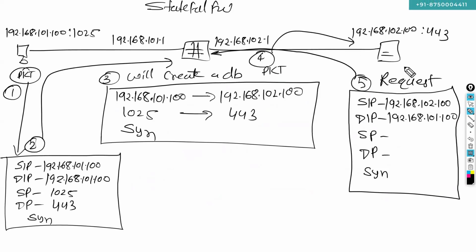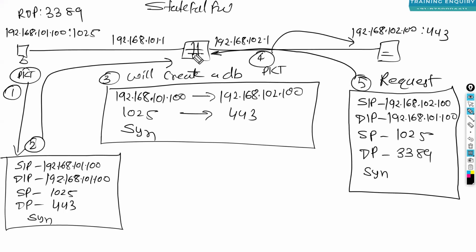When the server is sending a request, the source IP will be 102.100 and the destination will be 101.100. The source port will be dynamic, and it wants to access the PC with the help of RDP, 3389. Now the destination port is 3389, and because the server is sending its own request, it will be sent.